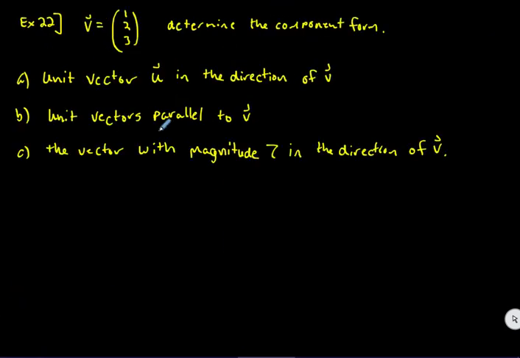Example 22 says vector v is 1, 2, 3. Determine the component form of the unit vector u in the direction of v. I want to find the unit vector, but first I'm going to find the magnitude of v.